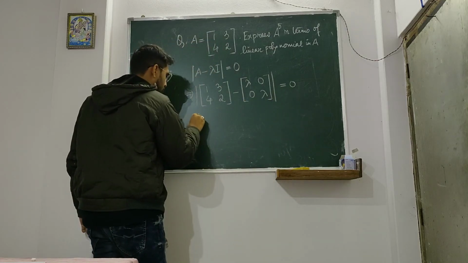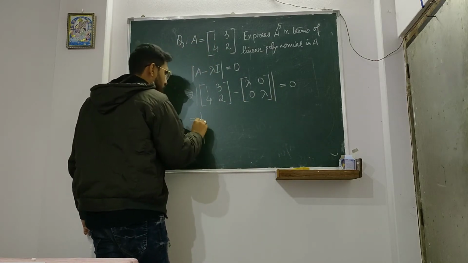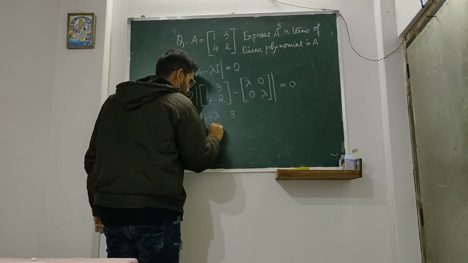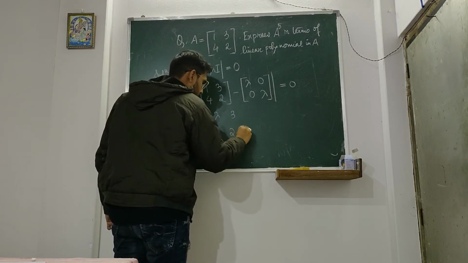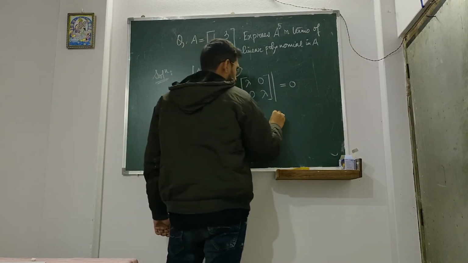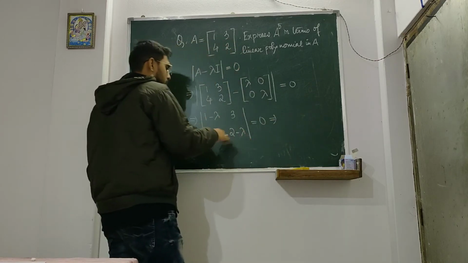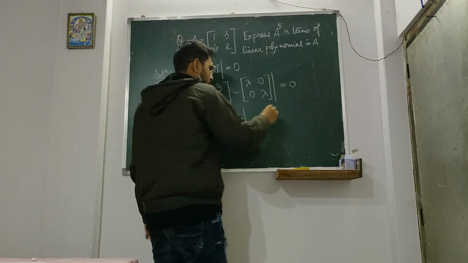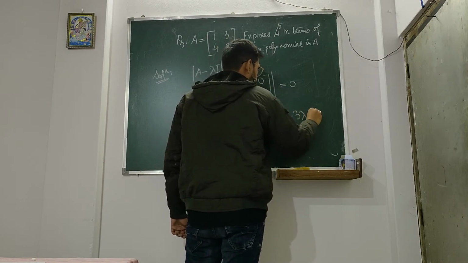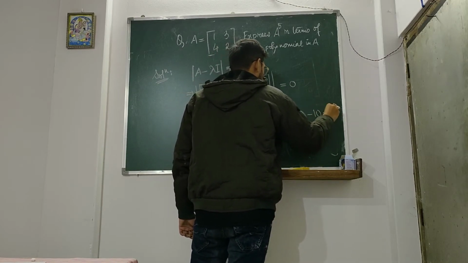So finally we get determinant of 1 minus lambda, 3, 4, 2 minus lambda, which will be equals to 0. And by solving the particular determinant, we are getting lambda squared minus 3 lambda minus 10 equals to 0.